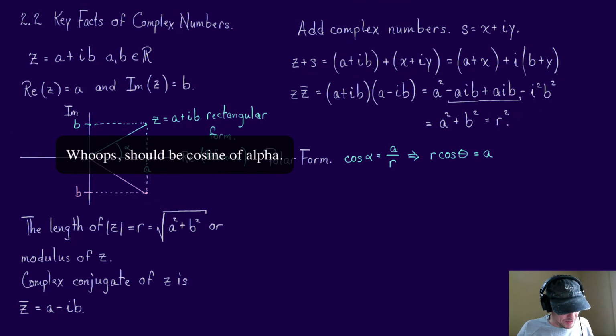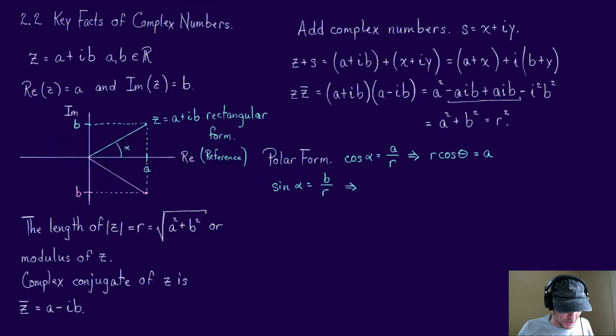Similarly, we could say that the sine of alpha is equal to the opposite over the modulus, or the hypotenuse. And if I multiply both sides by r, I could say that r times the sine of alpha is equal to b.